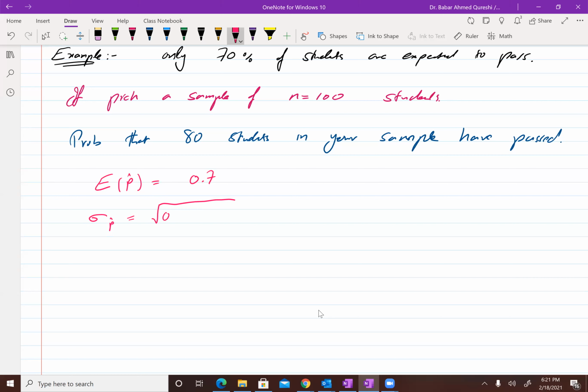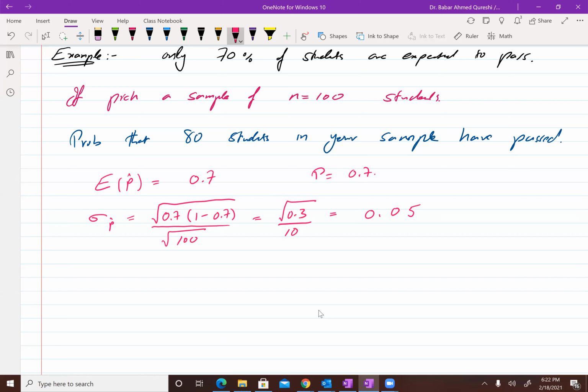You have to put P here, which is 0.7, because 70% of them have passed in the population, divided by 100, your sample size. So this turns out to be 0.054.